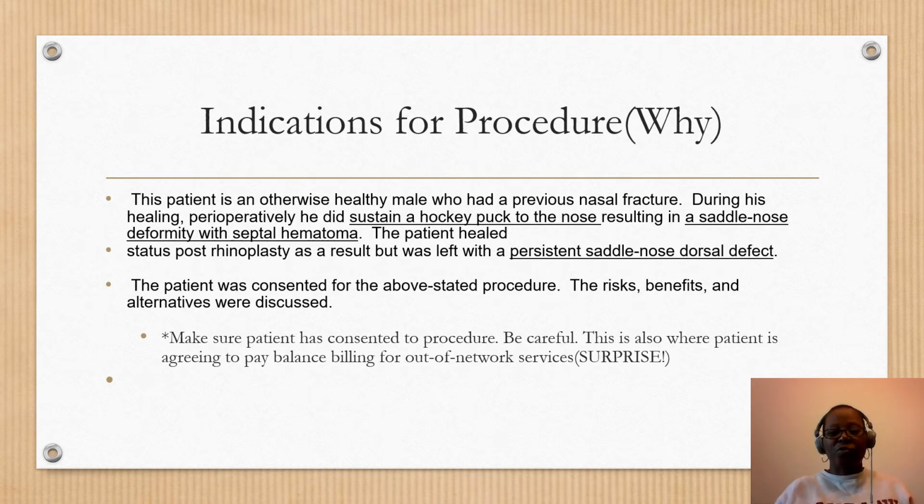And be careful when you're reading or prior to signing the consent form, because this is also where the patient is agreeing to pay the balance billing for out-of-network services, which falls under surprise billing. But that's another episode, another video. But again, you want to make sure we're reviewing the indications for the procedures. Again, this is our why. Why are we doing this procedure?